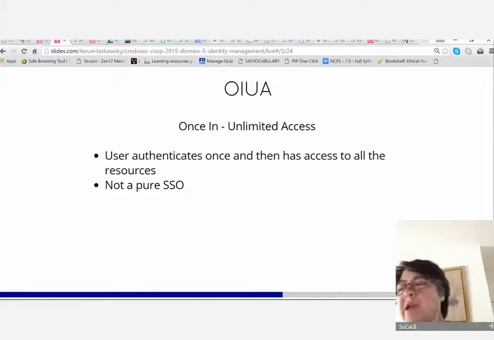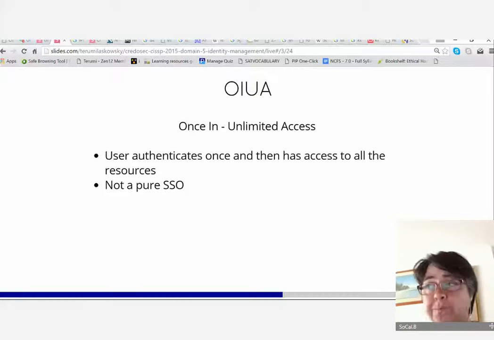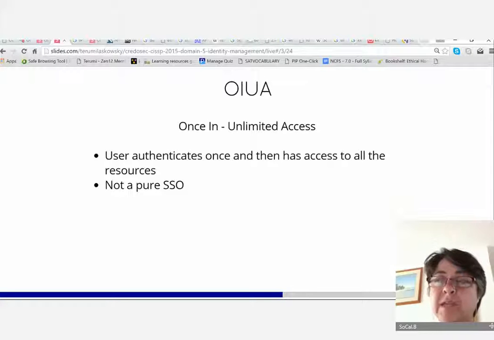Very good. So OIUA, this is one example in your book. Once in unlimited access: the user authenticates once and then has access to all the resources. It says it's not a pure single sign-on. Well, in a pure single sign-on, you are relying on one identity provider, and you're saying if you are logged into the identity provider, and if we have the trust relationship, then you can go ahead and access my services.